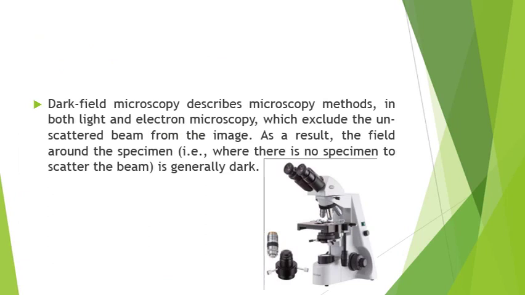Dark field microscopy gives various benefits as compared to bright field microscopy. It describes microscopy methods in both light and electron microscopy which exclude the unscattered beam from the image. As a result, the field around the specimen, where there is no specimen to scatter the beam, generally appears dark.